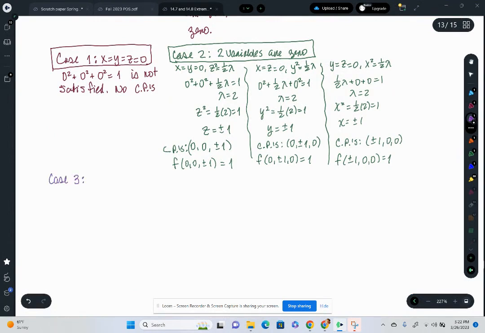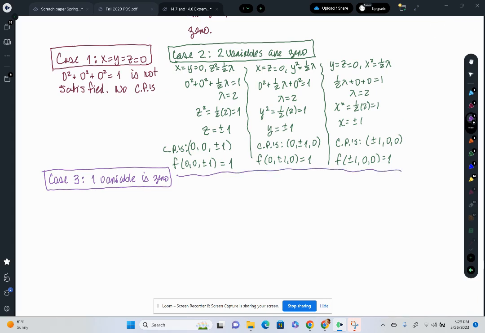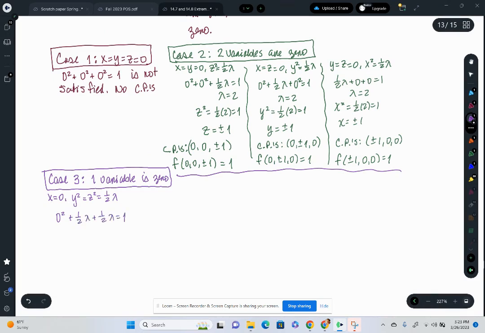Okay, the next case, case 3, is where one variable is 0. And let's just block this off over here. Okay, if one of the variables is 0, let's just look at the case where x is 0 and y squared equals z squared is equal to 1/2 lambda. Okay, so that means in equation 4 we'll have 0 squared plus 1/2 lambda plus 1/2 lambda is equal to 1.